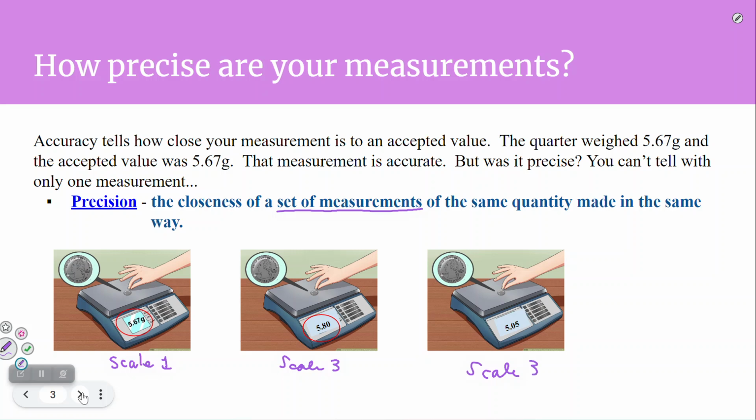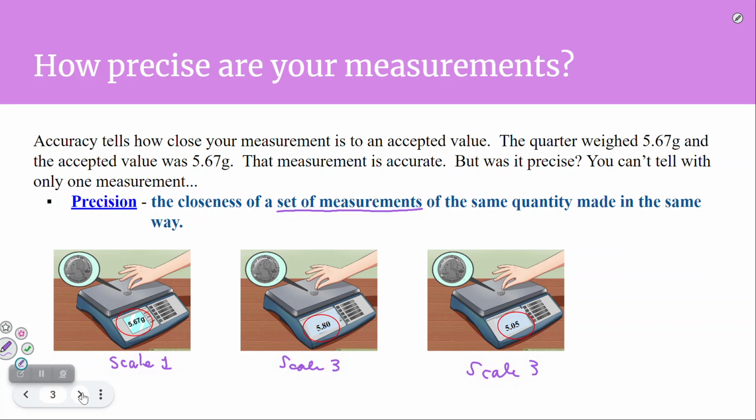Can we say, looking at these values here, that the scale's measurements are precise? Well, looking at the numbers, we're at 5.67, 5.80, and 5.05. We will say that those measurements are not precise because they are not close together.